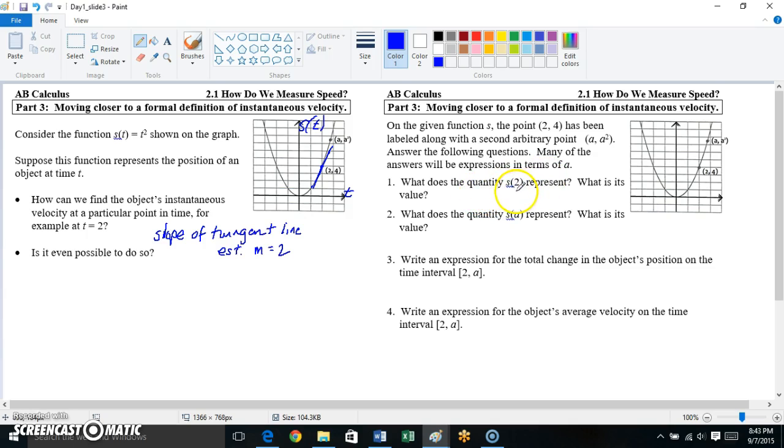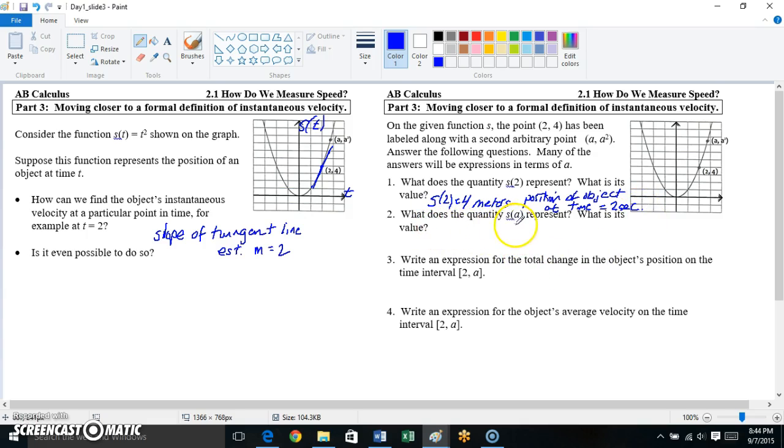So what does the quantity s of 2 represent? s of 2 equals 4 meters, and it represents the position of the object at time equals 2 seconds.